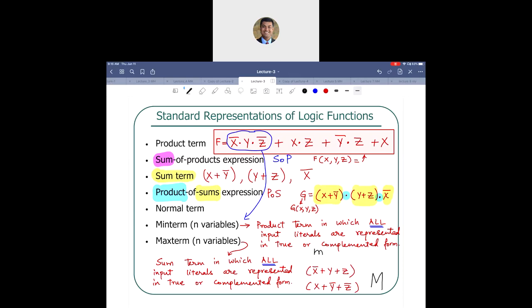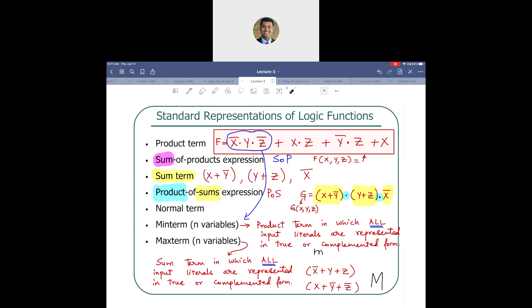Now, I had left out normal term. In a certain expression, like the first one in the red box, the first product term is a min term. However, the second, third, and fourth terms are normal terms. So a sum term or a product term that is not a min term or a max term is a normal term.